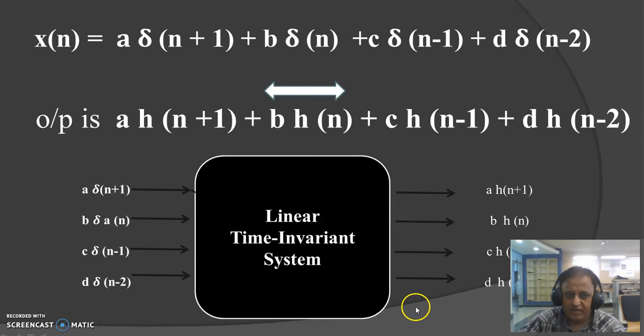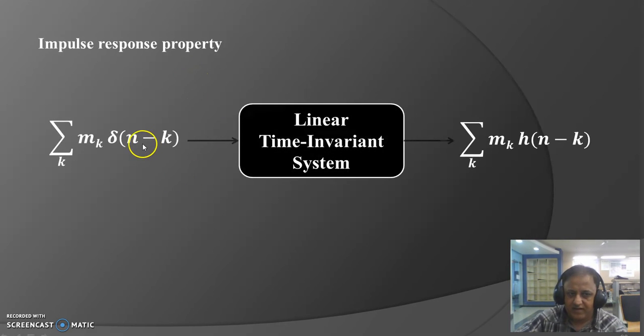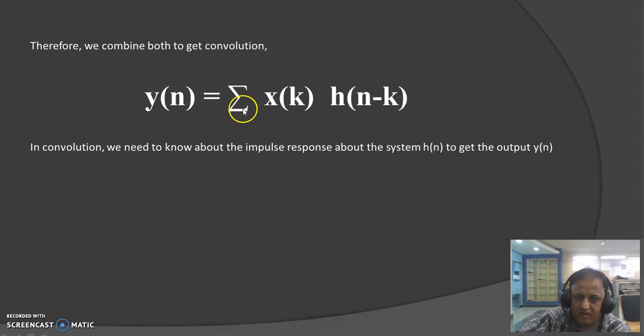Now, combining the impulse response property, that δ[n-k] scaled and shifted gives us x[k] h[n-k], and also combining the signal decomposition property, where x[n] is written in terms of δ and δ gives response h, your output response y[n] will be the convolution sum of x[k] with h[n-k].